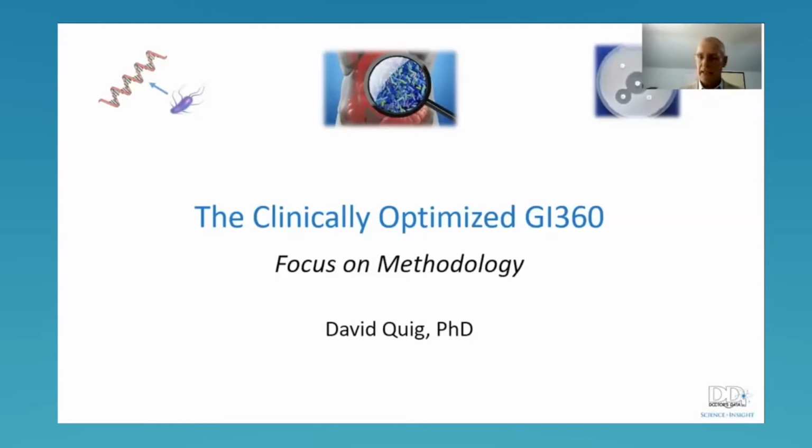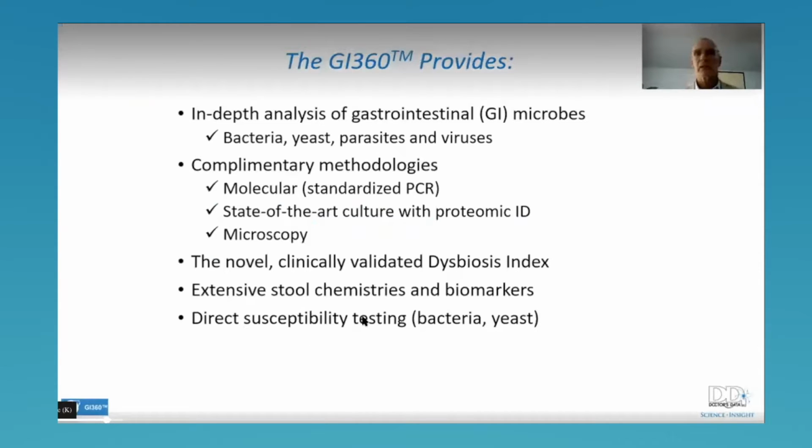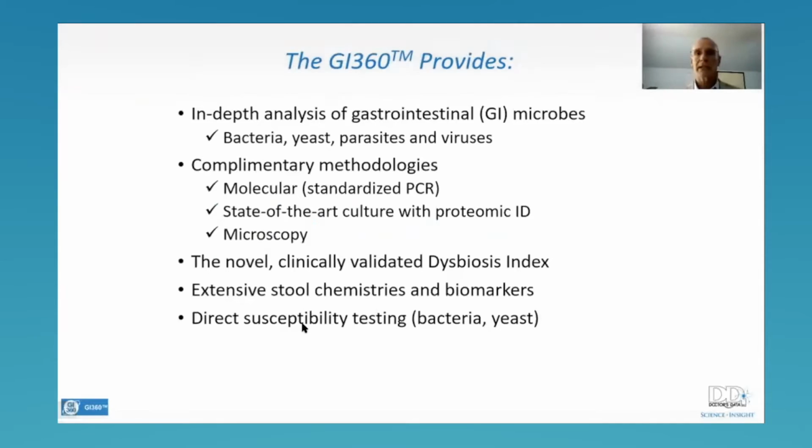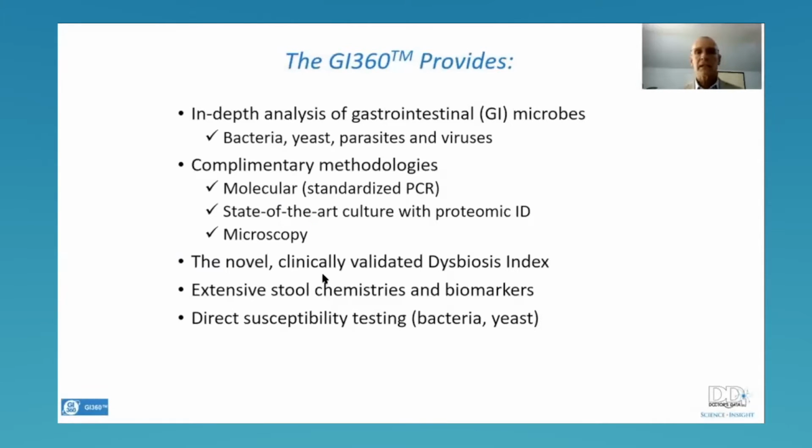So let's begin with a summary of what the GI360 provides. The GI360 provides a very in-depth analysis of the gastrointestinal microbes, the yeast, the bacteria, the parasites, the viruses, using complementary methods: molecular, standardized PCR, state-of-the-art culture with proteomic identification, microscopy, ova and parasitology, and the novel and clinically validated Dysbiosis Index.